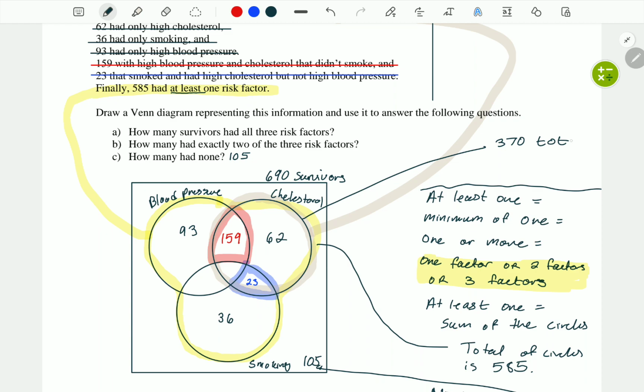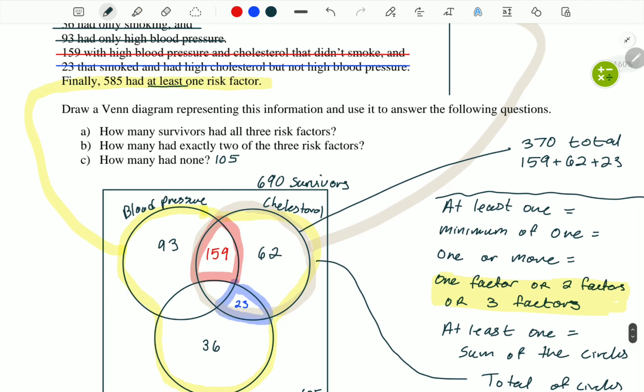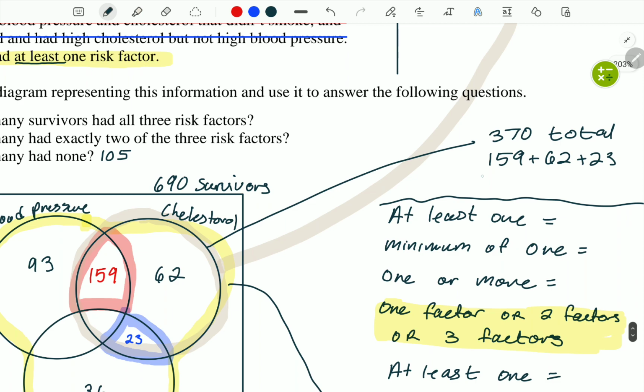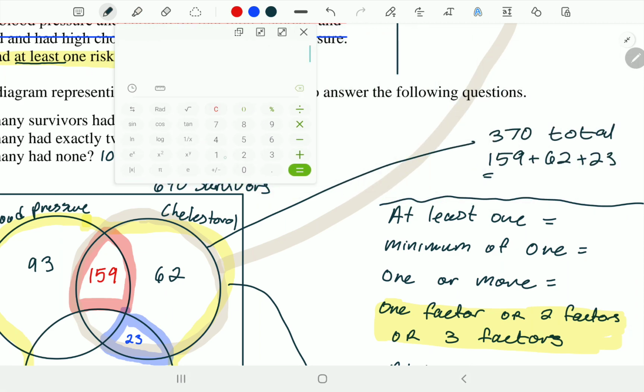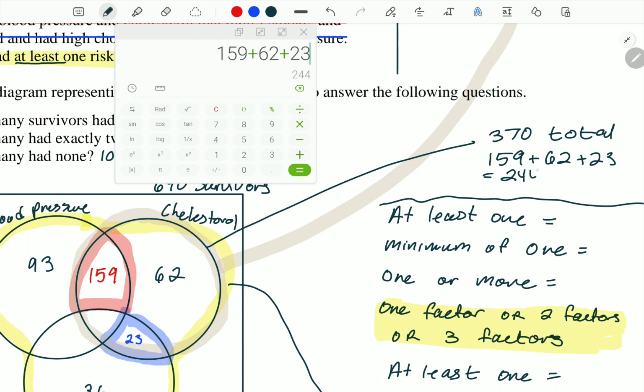But inside of the high cholesterol circle, we have 159, 62, and 23. We can add those numbers together and then subtract that from 370. This equals, when I add it, let's go over here, 244.